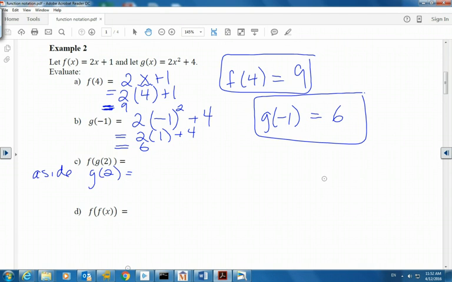What is g of 2? 2 times 2 squared plus 4. So what is that? So this is 2 times 4, which is 8, and then plus 4 is 12. So g of 2 is 12.